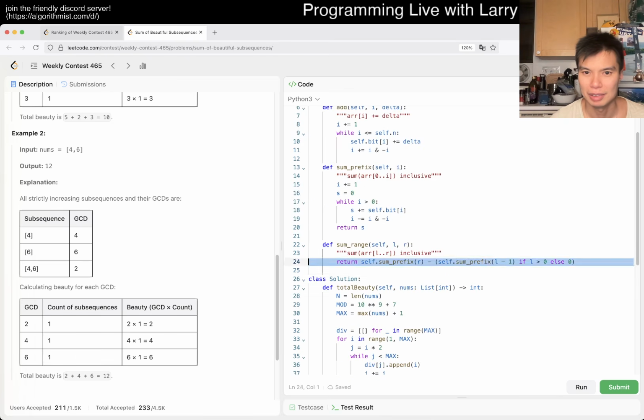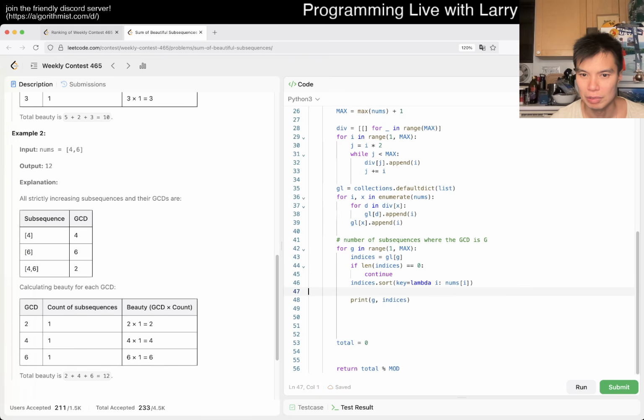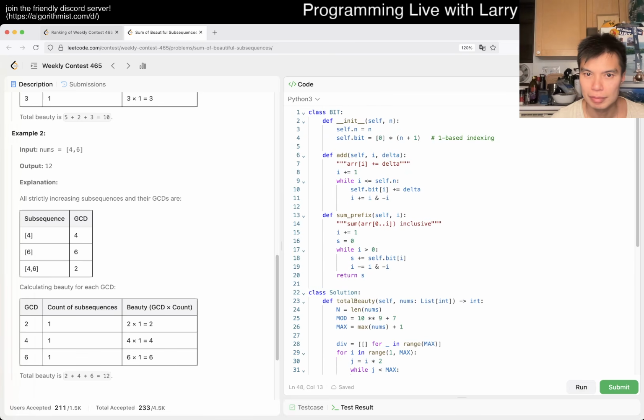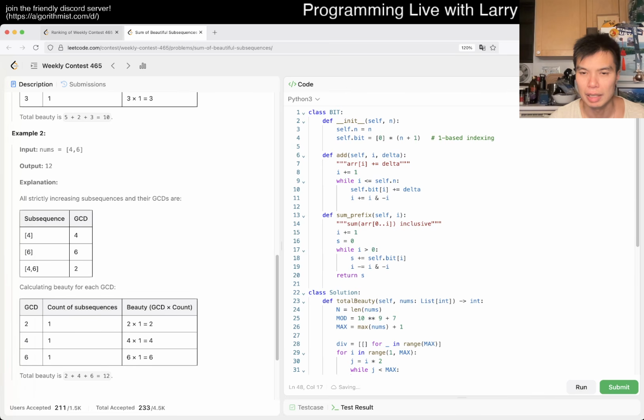We don't need some range. Some prefix is good enough, right? So then now we want to say, okay, binary index tree, I guess. And what is n?